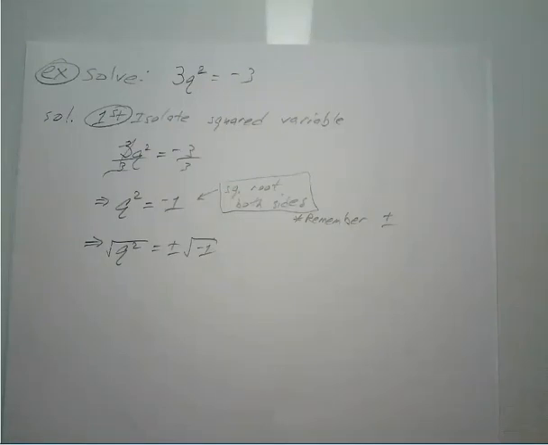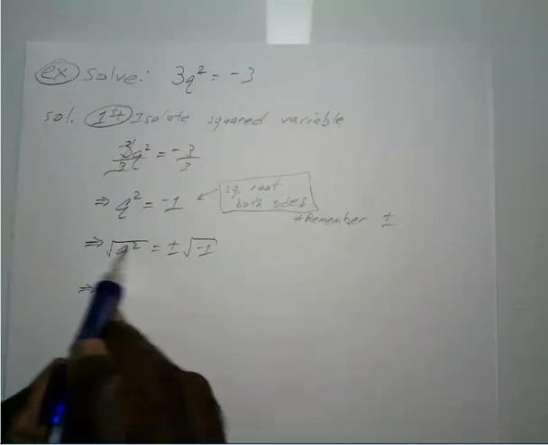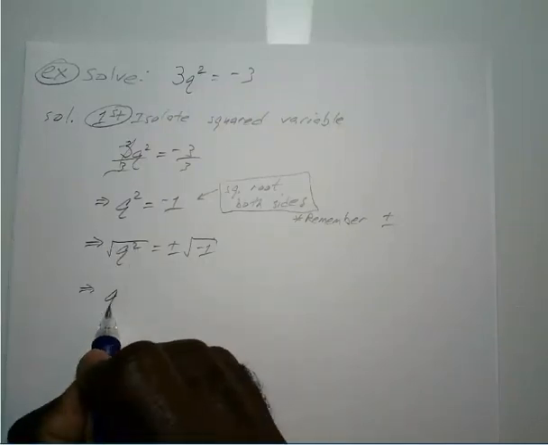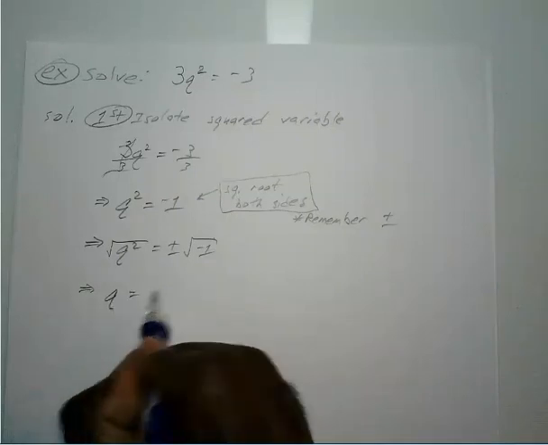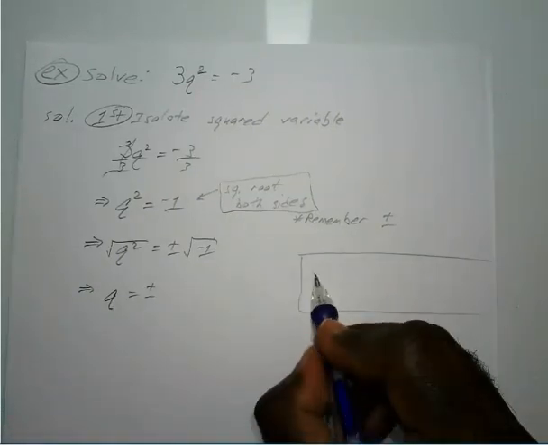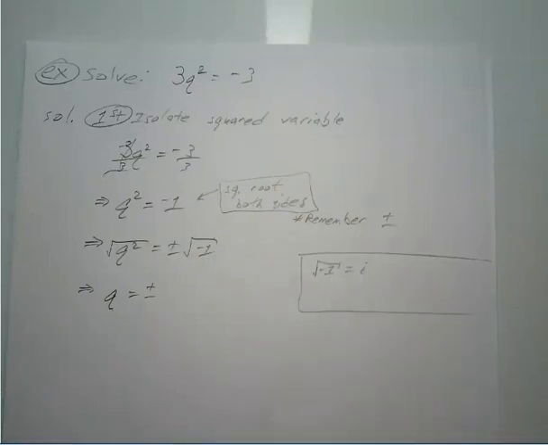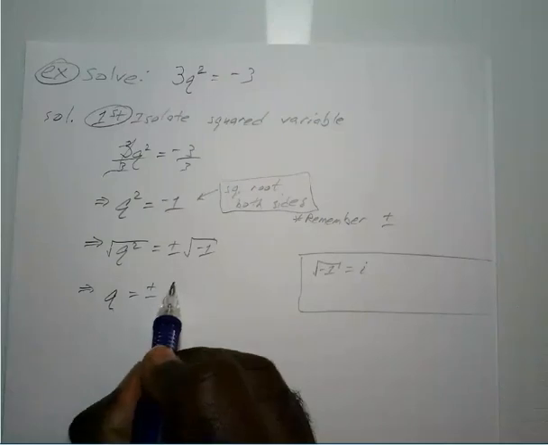Alright, so once you do that, remember your index and your exponent cancel each other out. So you just have q equals plus or minus, and if you remember, the square root of negative 1 is equal to i. So it's plus or minus i.